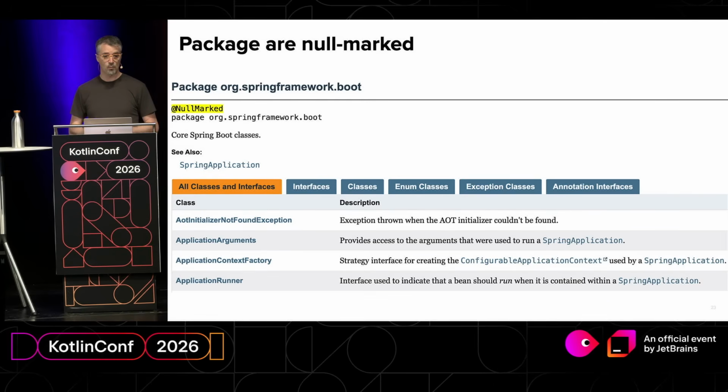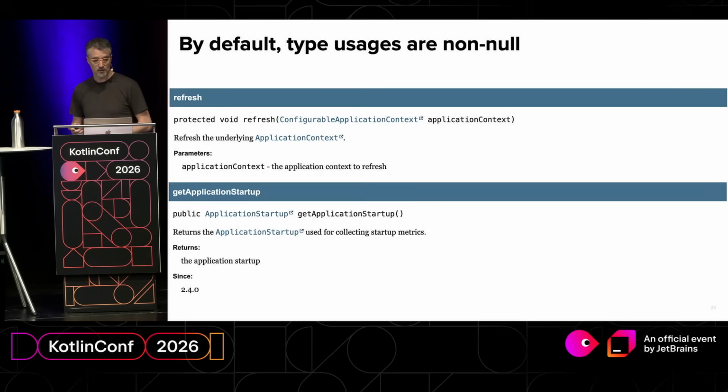So in practice, what did we do? We went across all the Spring APIs on all portfolio projects. We added this @NullMarked annotation at package level, which says the code within this package will be explicitly marked with @Nullable if something is nullable, otherwise it's non-null. So basically consistent with the Spring defaults.